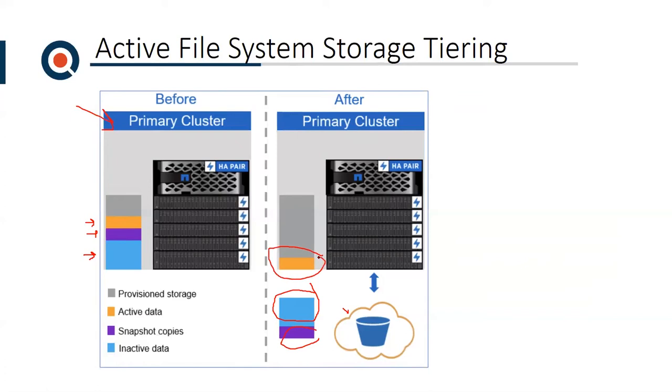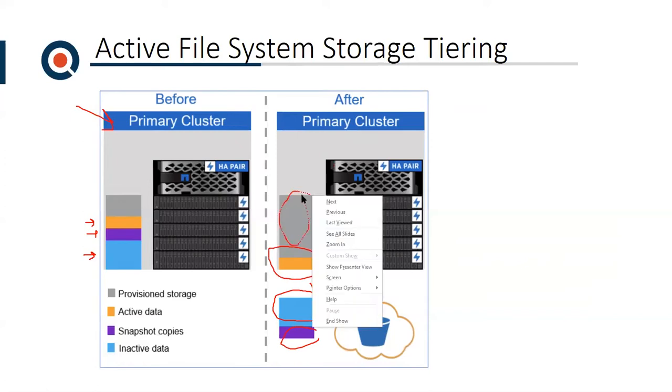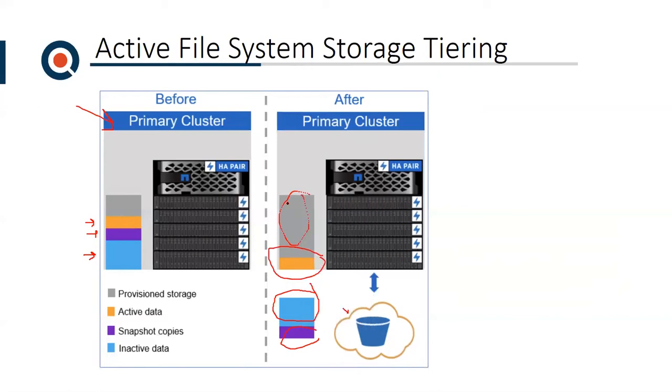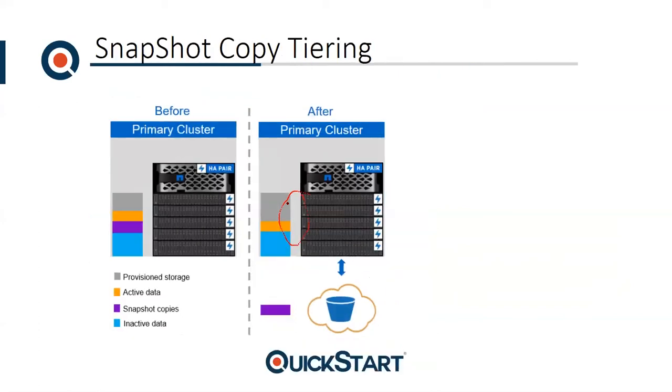So what I'm seeing in my primary system, within my active system, is only the active data. And thus, I have a lot more gray space here, i.e. provisioned space available to be utilized for whatever I need to do. All the data that I wasn't really needing right now has been moved someplace else. Okay? And of course, this is all seamless to my end users, so they would be clueless.